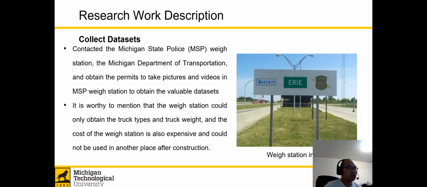The cost of the weigh station is very expensive, and it cannot be used in other places after construction. So the wide-base tire usage condition cannot be directly obtained by the weigh station. So we have to obtain it by ourselves.